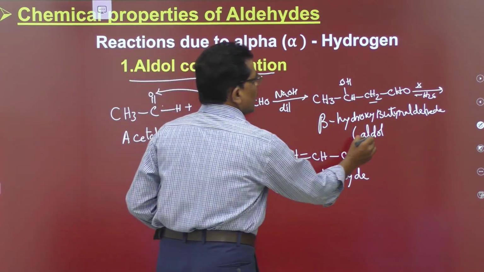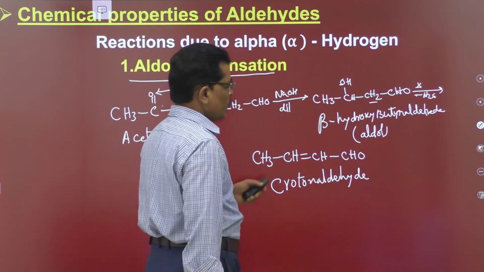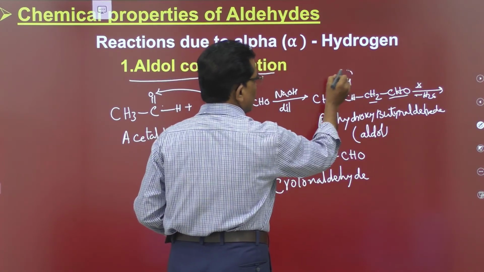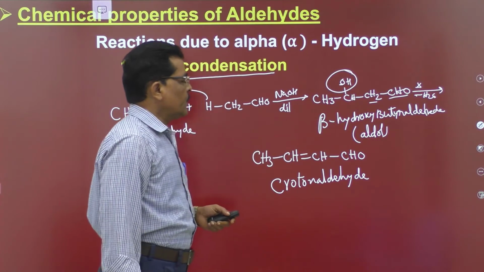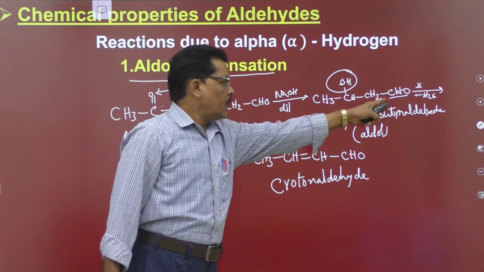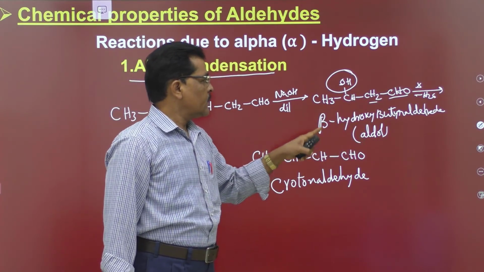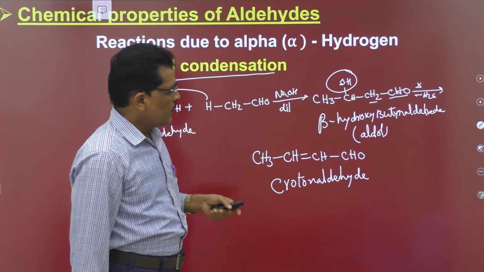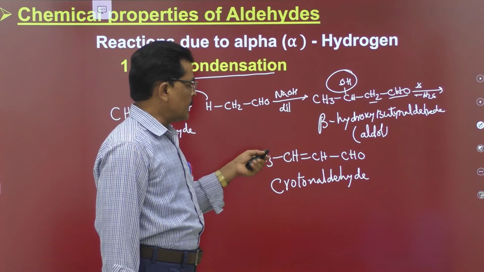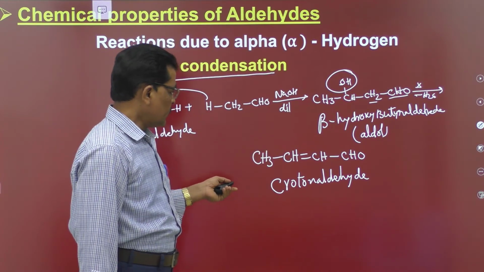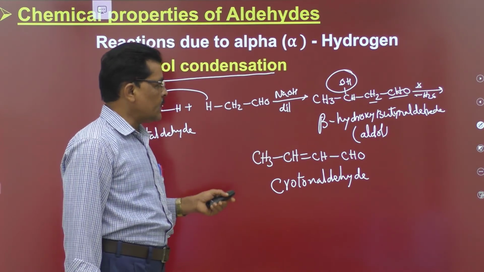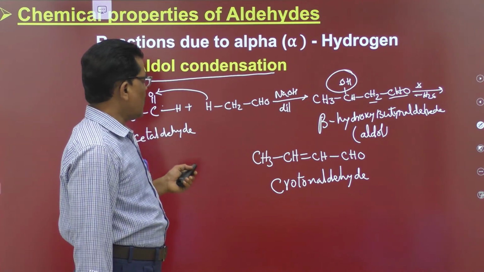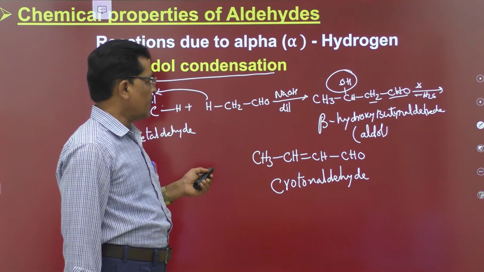The name aldol is derived from two functional groups, the aldehyde functional group, ald, and the hydroxyl group, ol. Then crotonaldehyde is formed after heating the aldol. So this is called aldol condensation. Right? Understand?